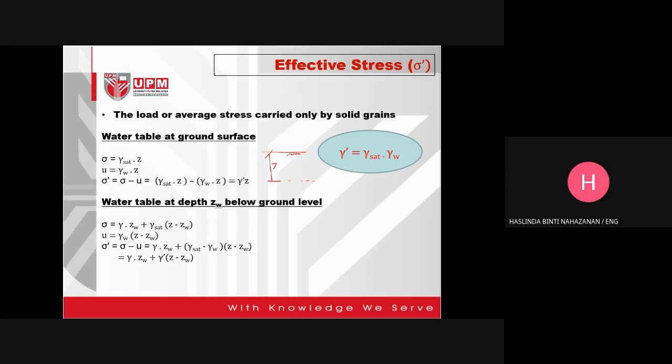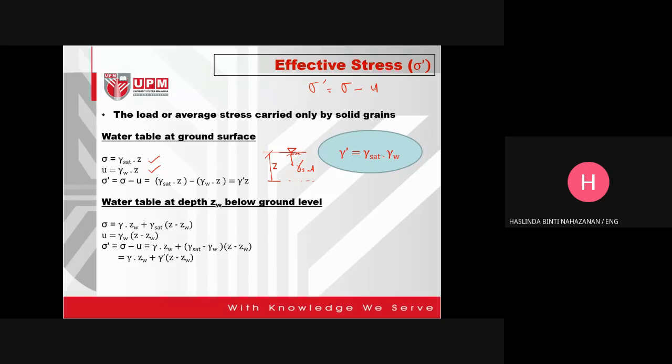Let's say here is Z. Water table at ground surface, so you have water here. Total stress: because it is below the water table, the soil below is saturated, so you have to use the saturated unit weight. So total stress becomes gamma saturated multiplied by Z, and pore water pressure is the unit weight of water multiplied by Z. Effective stress is always total stress minus pore water pressure.